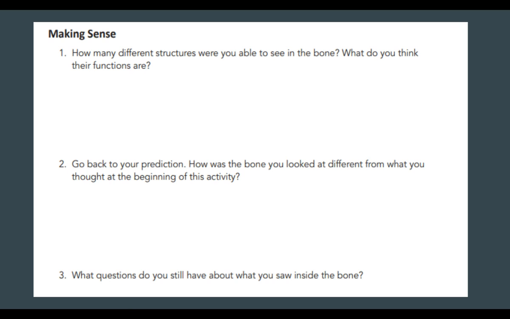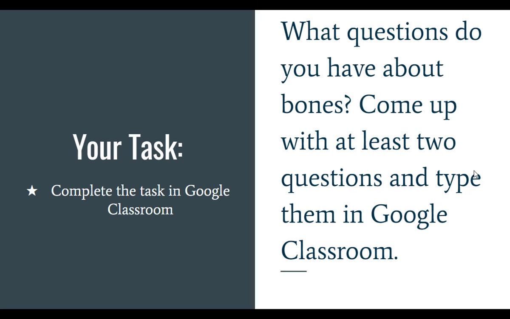Why is there that dark part? Why is there that kind of spongy part that wasn't as hard? What are these different things inside of the bone? What are they for? So think about some questions that you might have about what you saw inside the bone. All right, and then when you're done with that, come back to the video to finish up here.